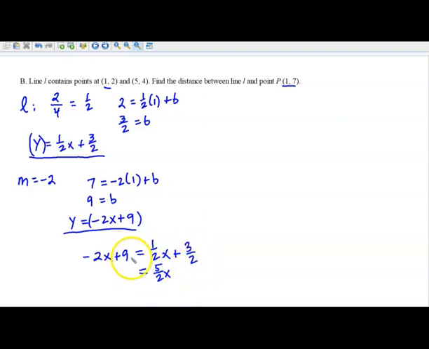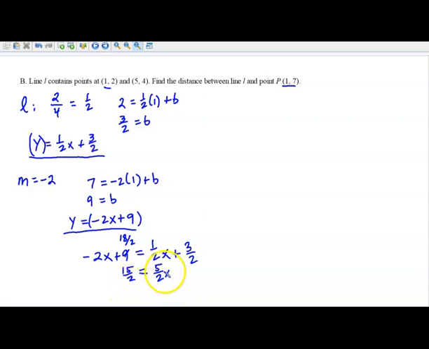So if you want to think of 9, I like for you to work with fractions instead of just defaulting to your calculator and changing to decimals. So if you change 9, that would be 18/2. All right, and we'll be subtracting 3/2, so that's 15/2.